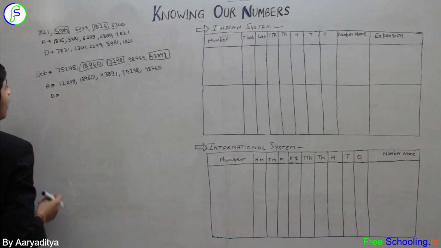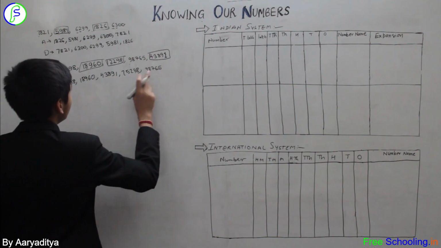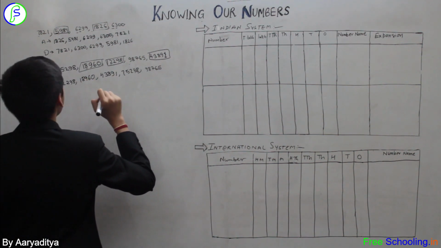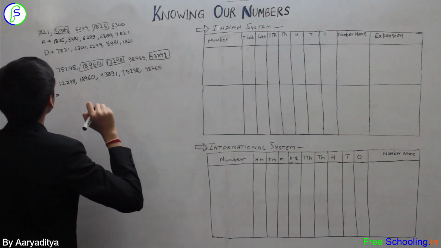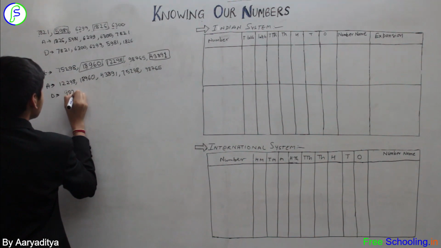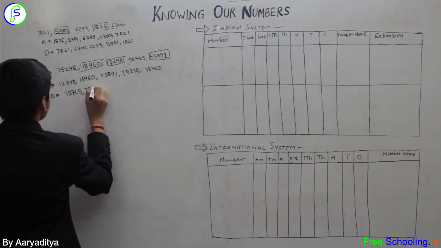What about descending order? I've told you earlier that descending order is just reverse of ascending order. So what is the largest or the biggest number of the set? 98765. Second largest, 75298.